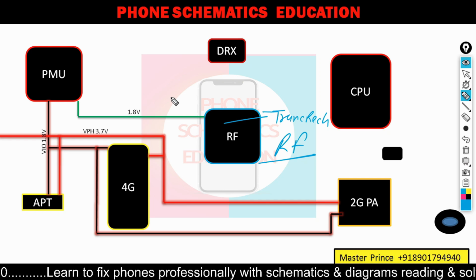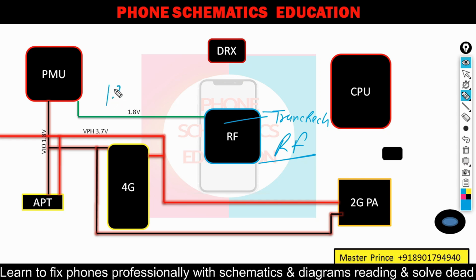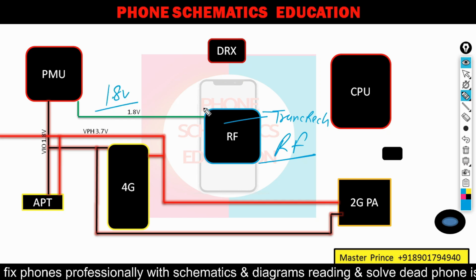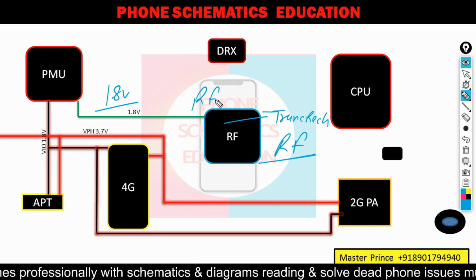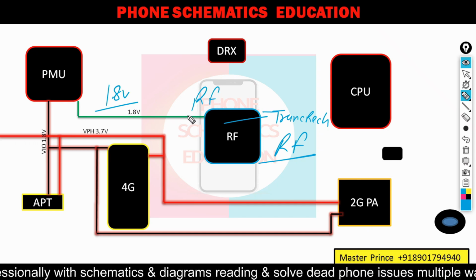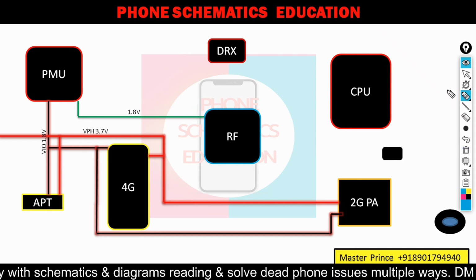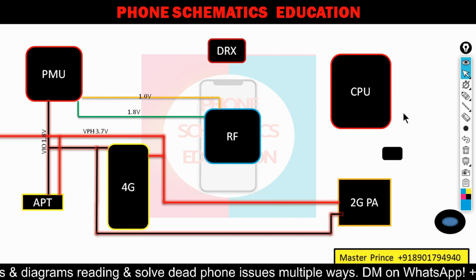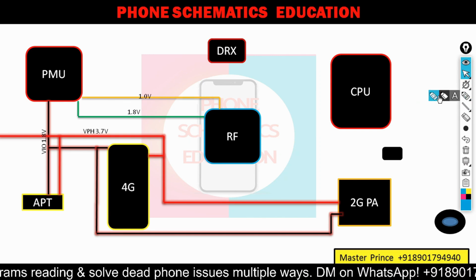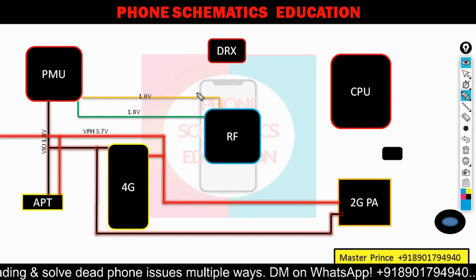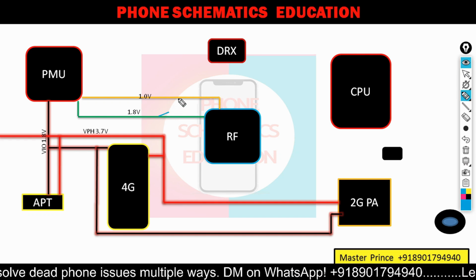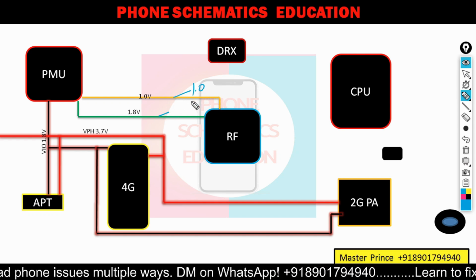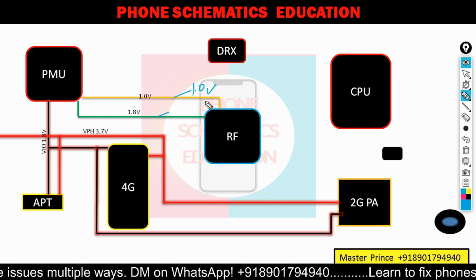From the PMU, a 1.8 voltage for the RFIC, right? Now, after this, there is another voltage called 1.0 volt for the RFIC. Now 1.8, 1.0, sorry, this one is the 1.0, right?